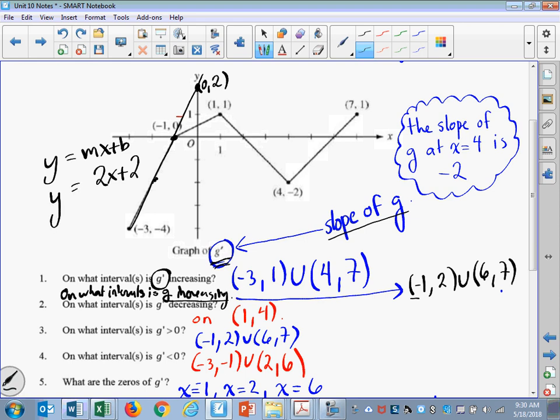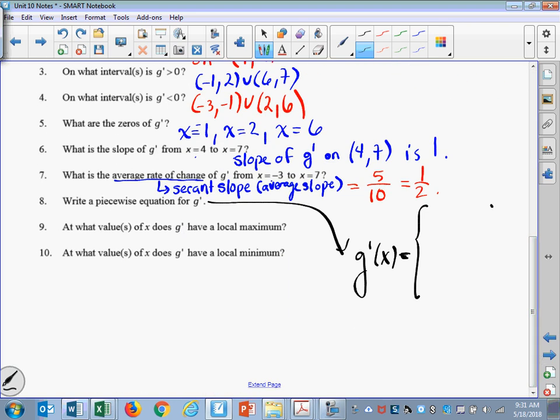This is the b, to create this line. So this is the line 2x plus 2, and that's for whenever x is less than -1. So x less than -1, and we want the line 2x plus 2.